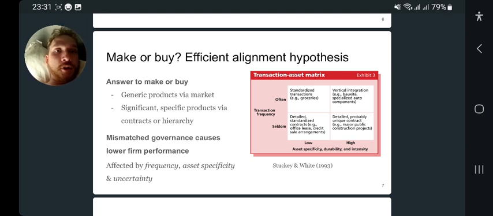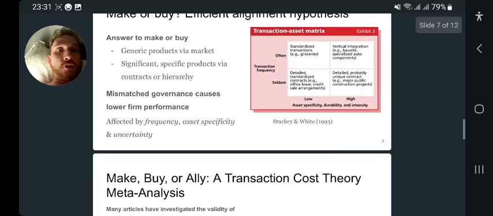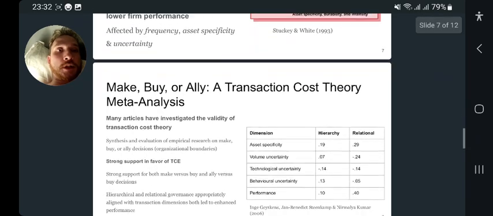Whereas generic products or commodities such as wheat, paper, maybe metal, you would want to source from the market, as these are generic and there are often many suppliers. They're not very specific.